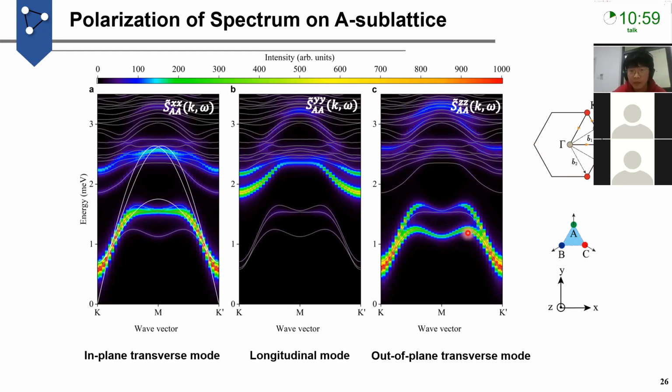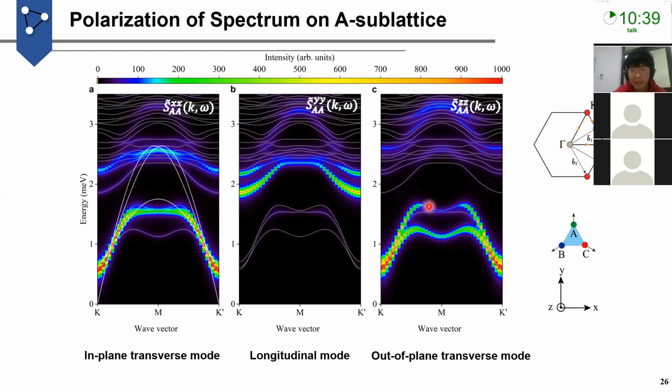The first and third branches of magnons mainly come from the out-of-plane transverse mode, and the second branch comes from the in-plane transverse mode. They are both pure transverse modes without a longitudinal component.